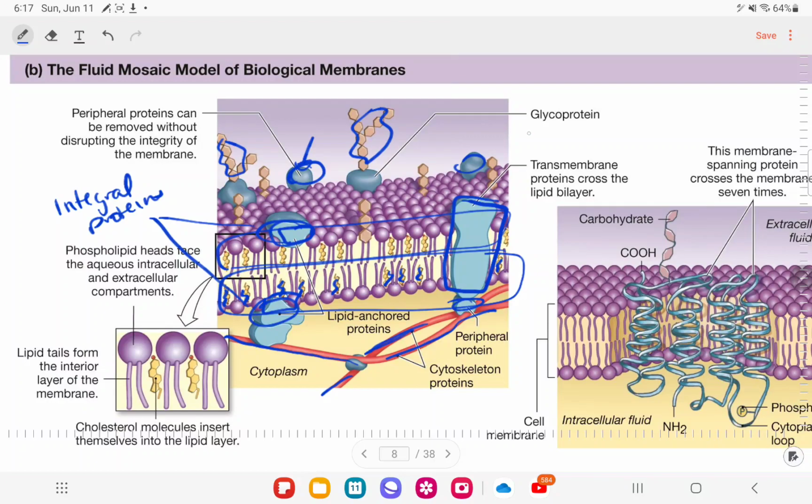Remember that sugar plus the protein is going to give us a glycoprotein. And we also have some sugar associated directly with the lipid, and those are going to be glycolipids. Again, these glycolipids and glycoproteins are going to be very important for cell signaling, cell communication, things like that.